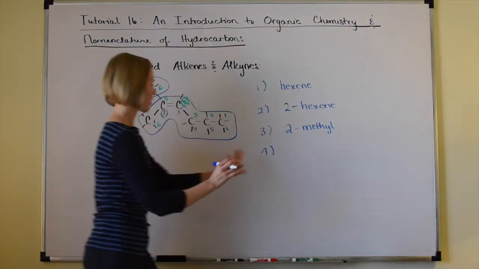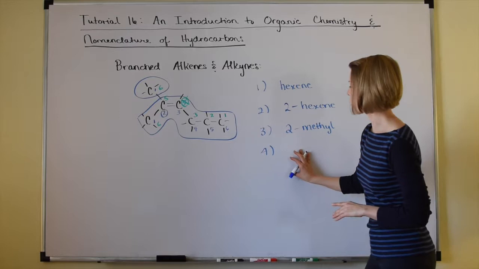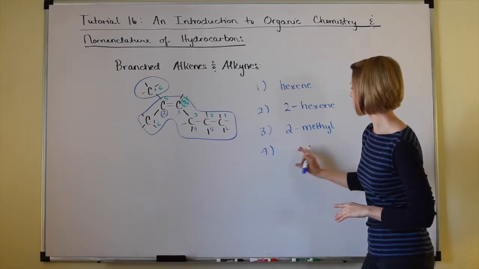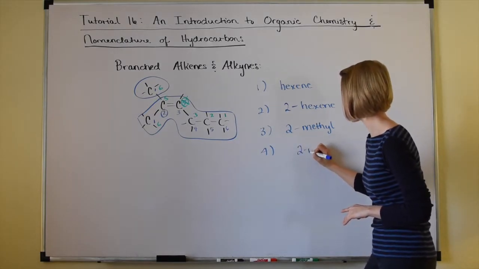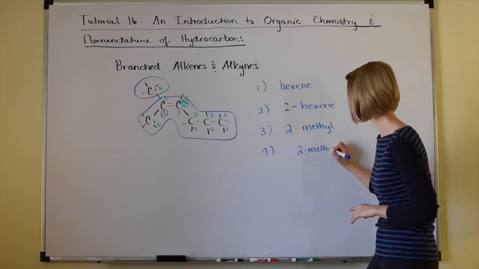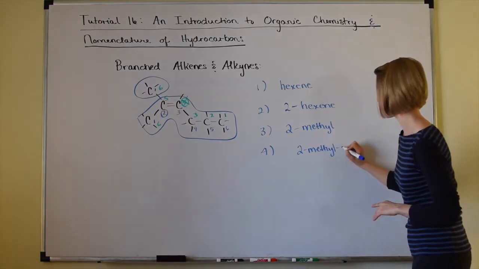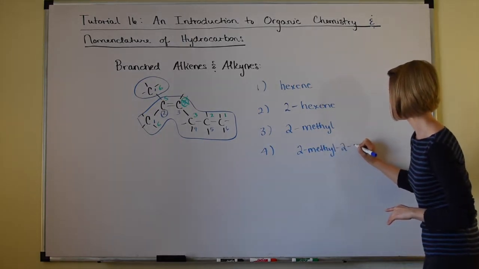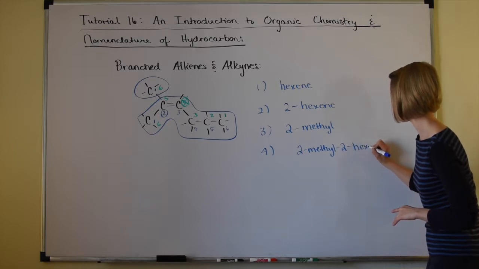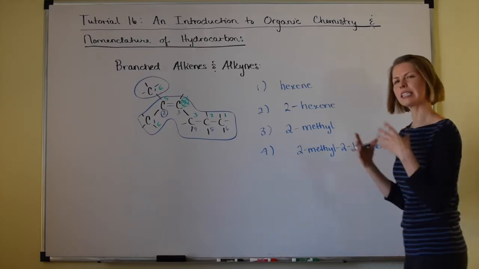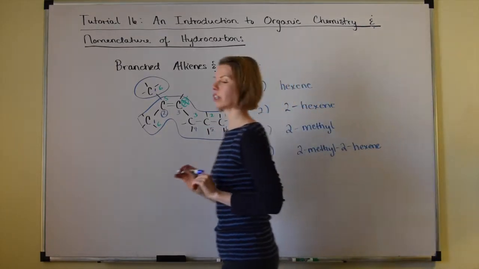All right, so let's go ahead and put this all together for number 4. So we have a 2-methyl. We're going to put a hyphen here, 2-hexene. Cis or trans, let's go over and double check.